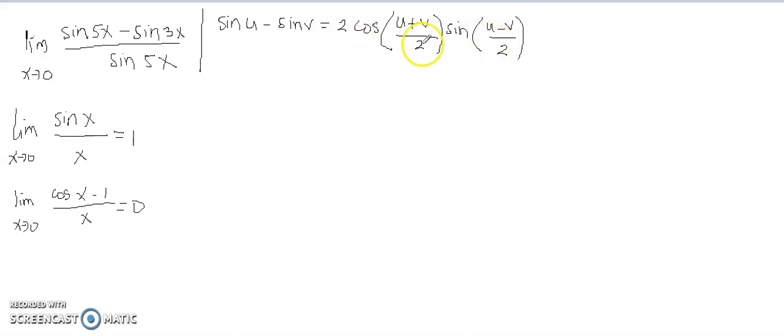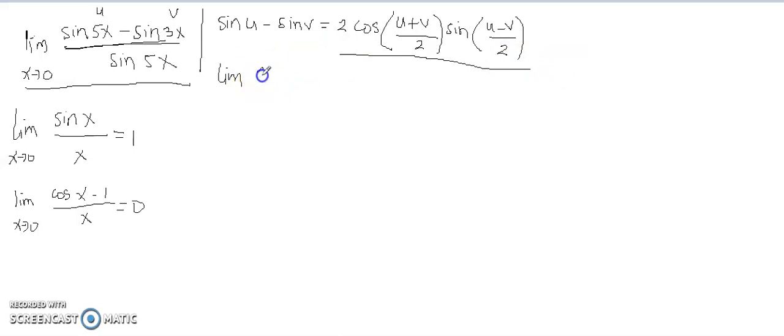Now, let's apply this identity to this example. Okay? So, limit, since eto, si u natin ay 5x and v is yung 3x. So, we can rewrite this expression into its equivalent expression. Okay?